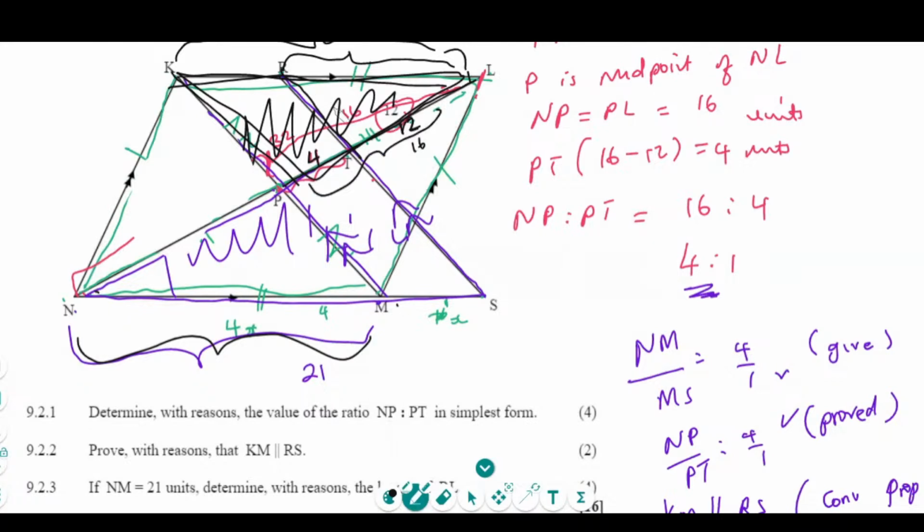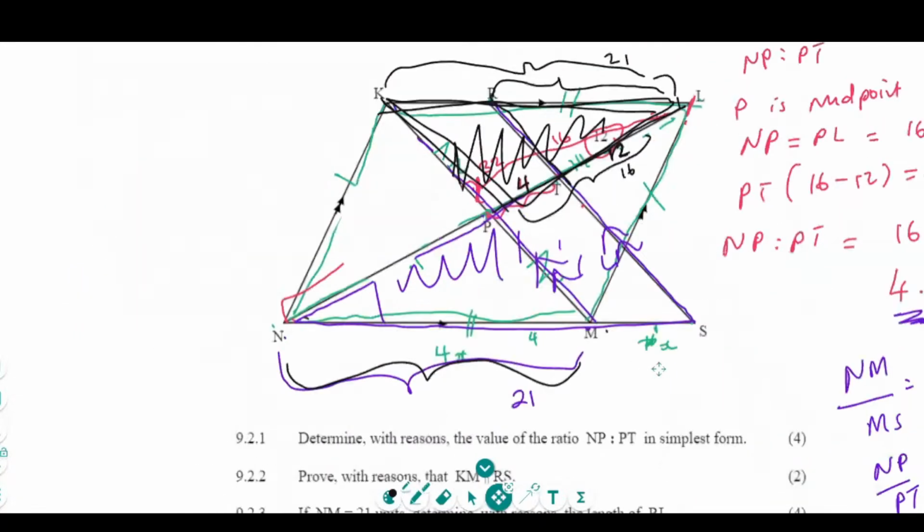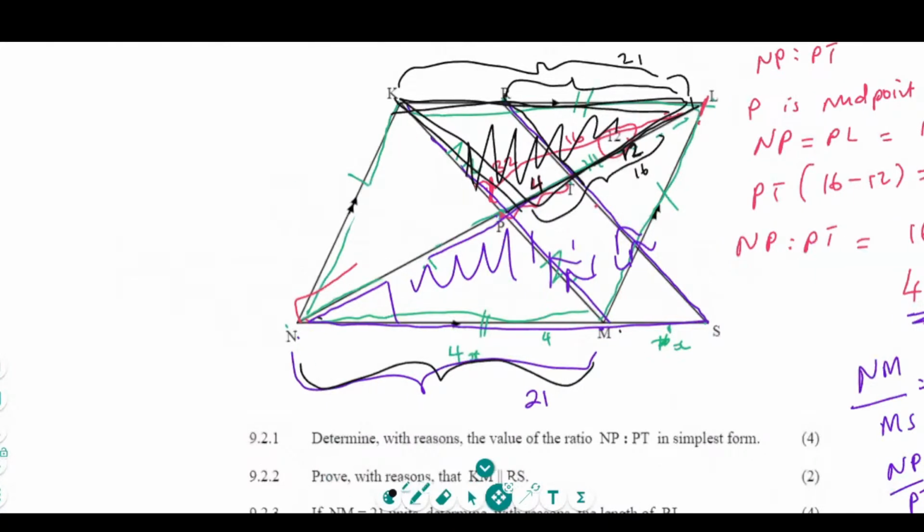Then I'm going to compare and say that if I have my RL over, I can use the total distance, KL, will be equal to my TL over my PL or LP.